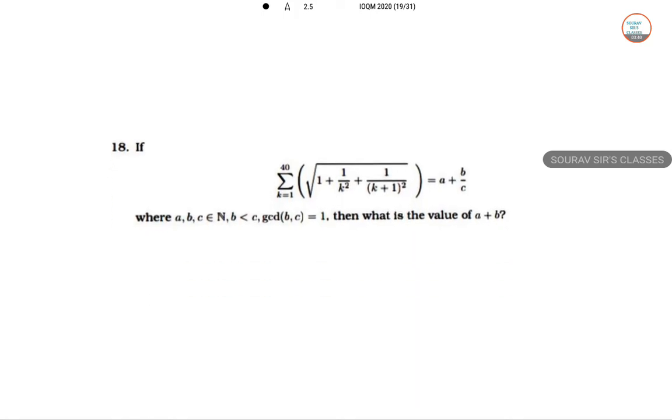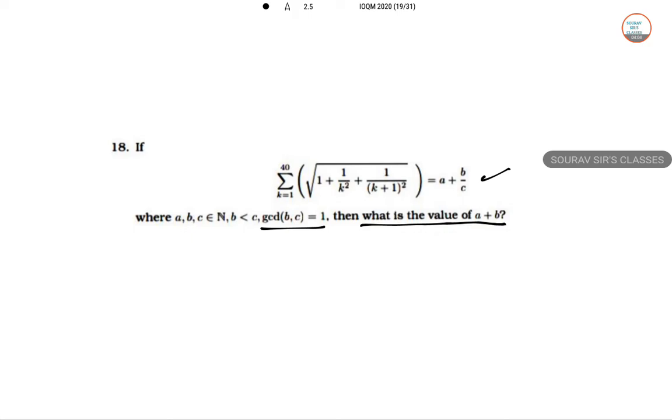If the sum over k equals 1 to 41 of the square root of 1 plus 1 by k square plus 1 by (k plus 1) whole square is a plus b by c, and GCD of b and c is 1, then what is the value of a plus b? Okay, it's a summation calculation we have to do.